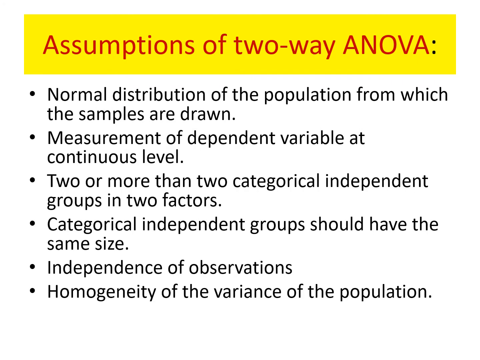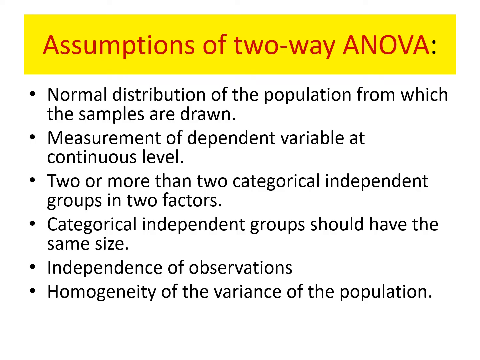All right. Now, for the two-way ANOVA, there are different assumptions that need to be satisfied so that you can use the two-way ANOVA. First and foremost, you have to draw your samples from a normally distributed population.